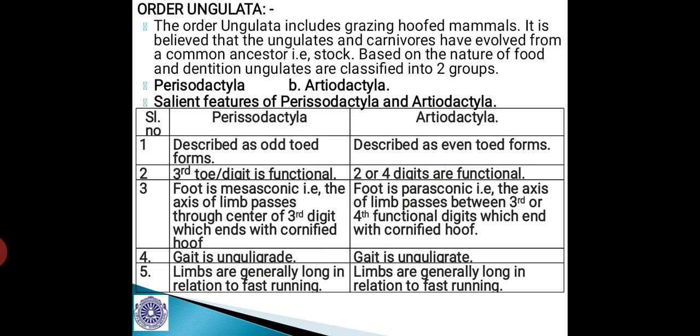In Perissodactyla, the limbs are generally long in relation to fast running. In Artiodactyla also, the limbs are generally long in relation to fast running. So these are some salient features of these two subgroups of order Ungulata.